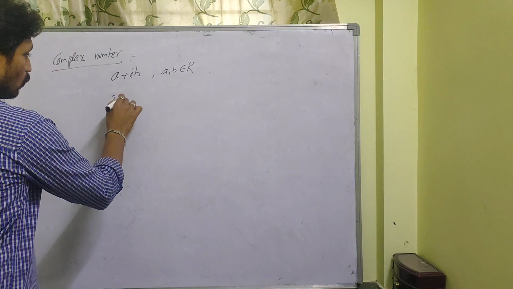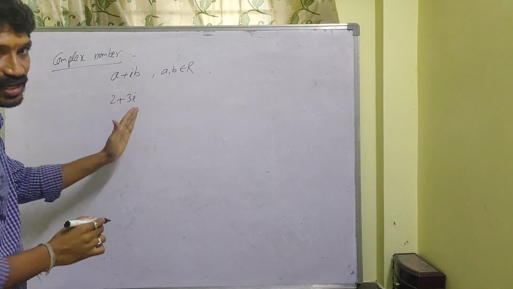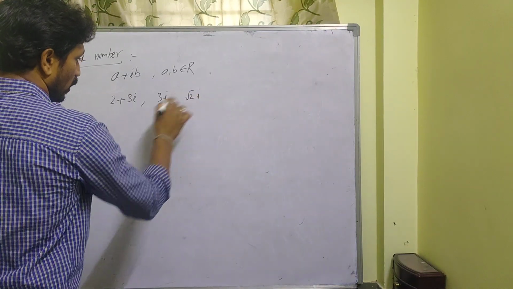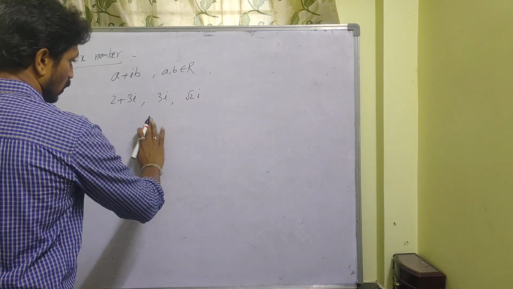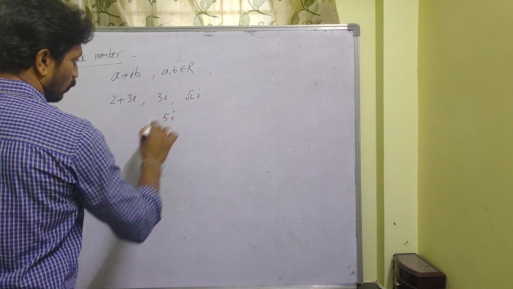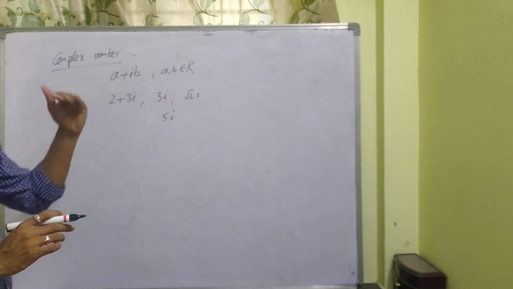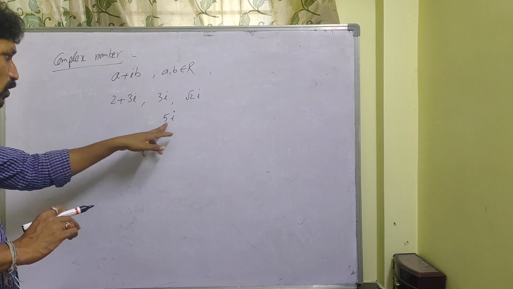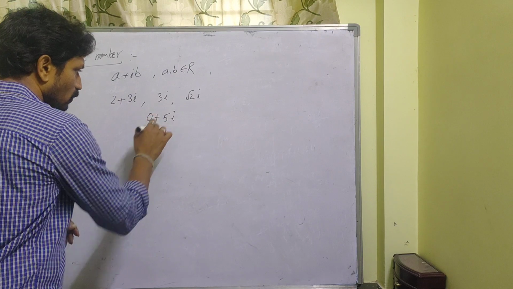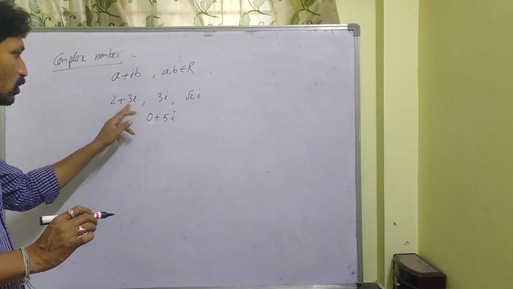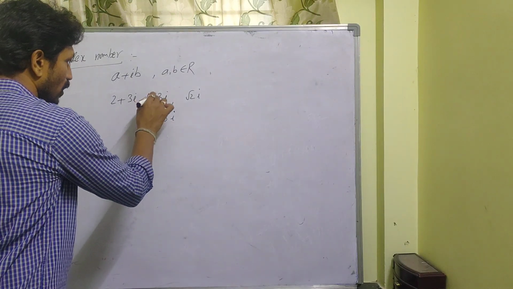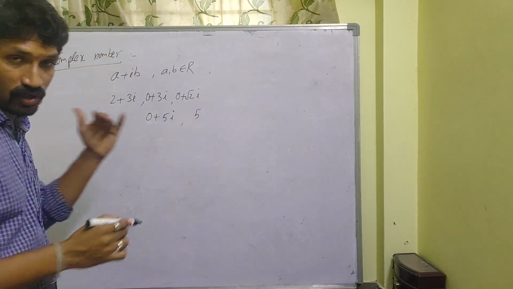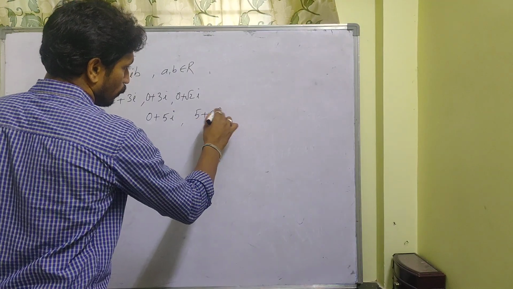Examples: 2 plus 3i, 3i, root 2 i, minus 5i, whatever may be, all these are complex numbers. Whenever you take only 5i, you can write it as 0 plus 5i. Here 0 and 5 are both real numbers, and 2 and 3 are both real numbers. 3i means 0 plus 3i, root 2 i means 0 plus root 2 i. If you take 5, also a complex number, you can write 5 plus 0i.